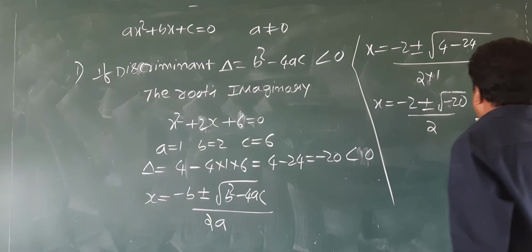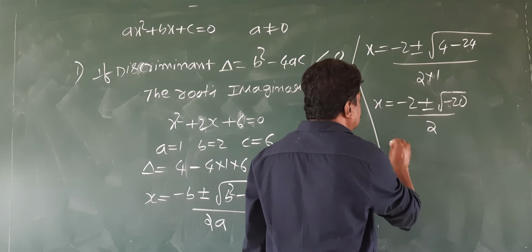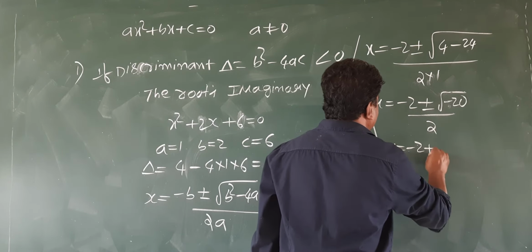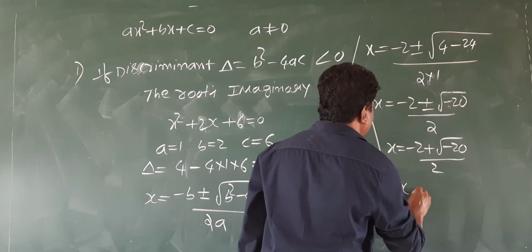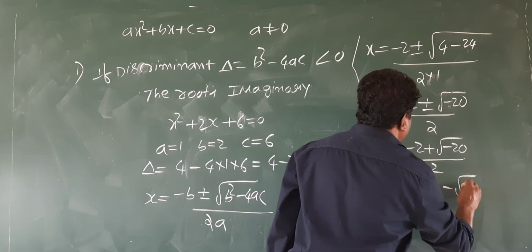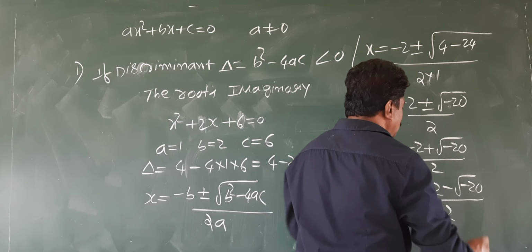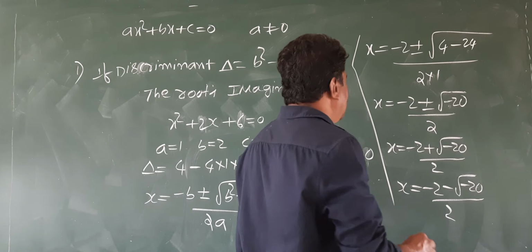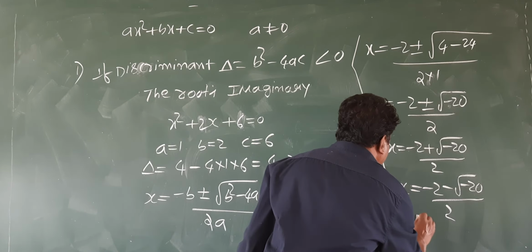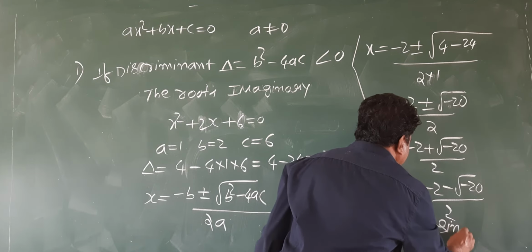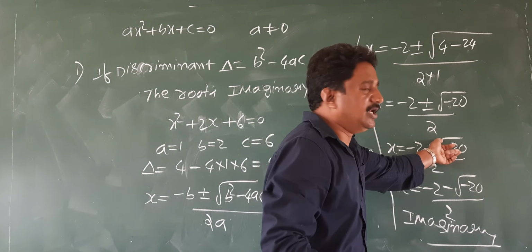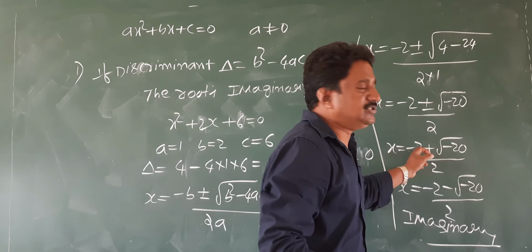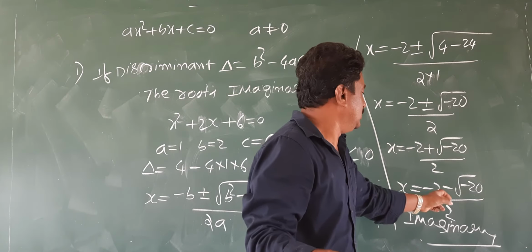So the two roots are minus 2 plus root minus 20 by 2, and one more root, minus 2 minus root minus 20 by 2. These two roots are imaginary roots. Imaginary plus real is imaginary.